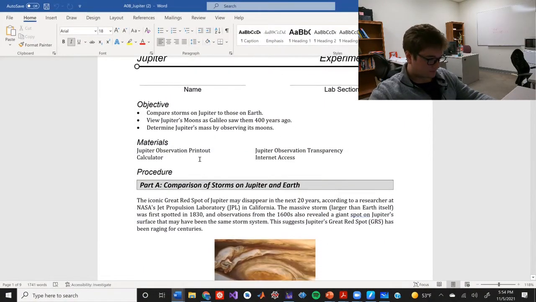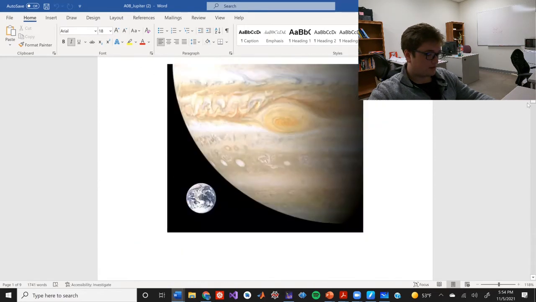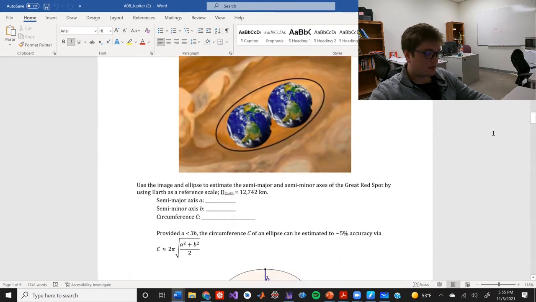The first thing we'll be doing in part A is estimating the semi-major and semi-minor axes of the Great Red Spot. We're going to assume that it's a nice ellipse, and then using the A and B that you found, we're going to find the circumference.